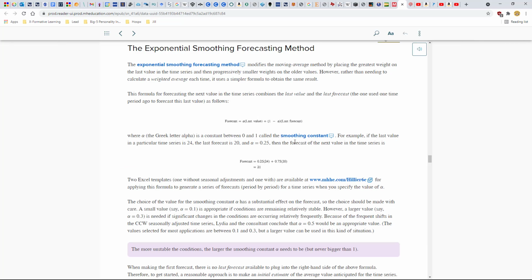All right. So we see we don't have those forward-looking numbers, and what they do in here is give you a little bit of an example. If you used alpha equal to 0.25, and the previous reading was 224, plus 1 minus alpha, which is 0.75, times the previous forecast. That's just a really quick check-in to make sure you're following what they're talking about.